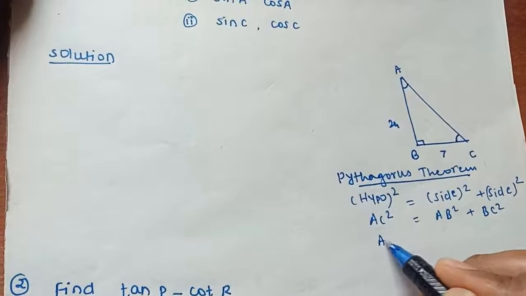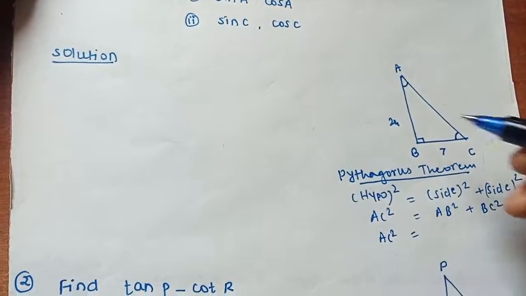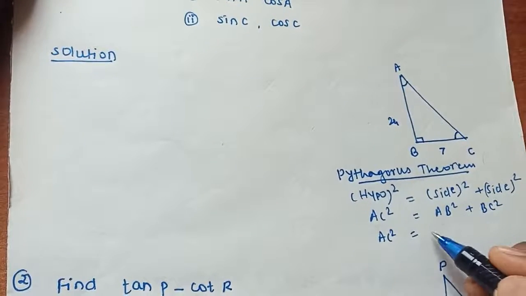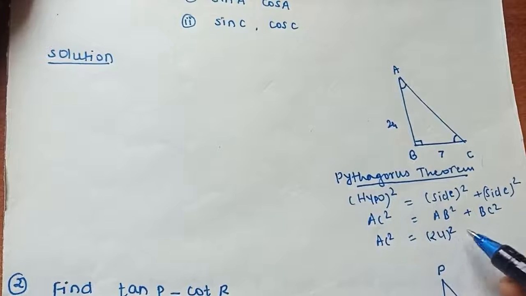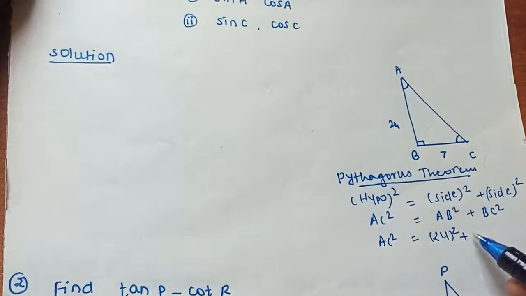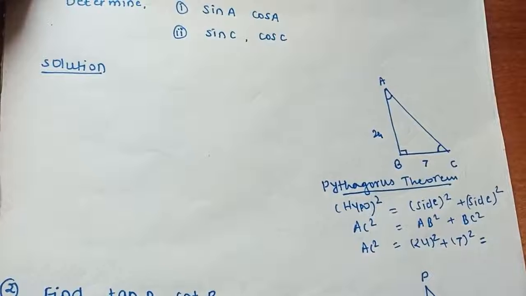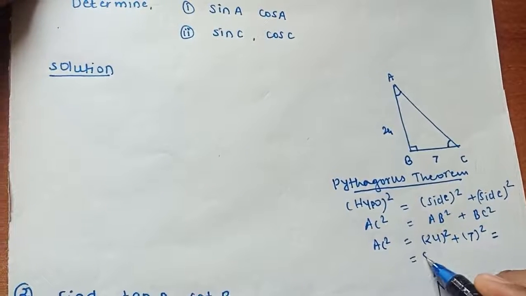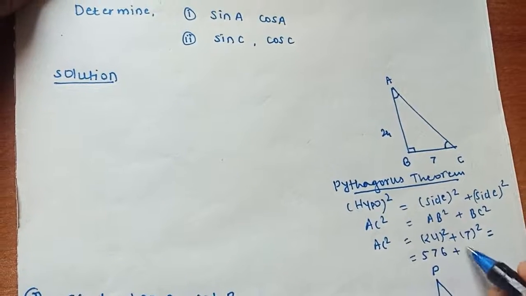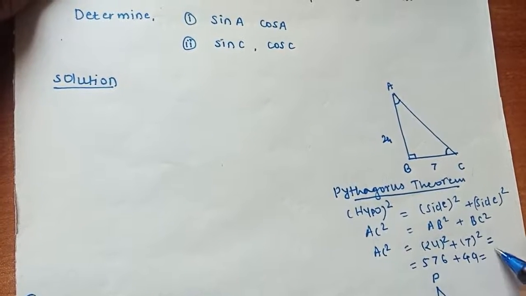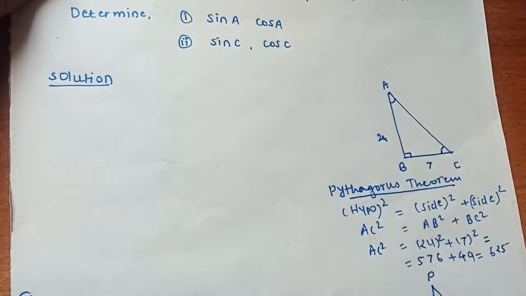Now AC square is equal to 24 square plus 7 square, and if I do this, it will become 576 plus 49, and that is equal to 625.